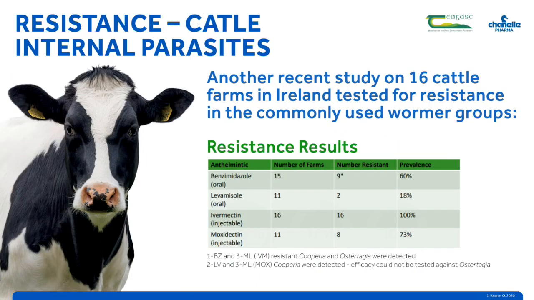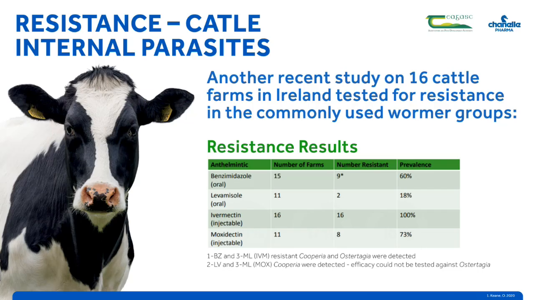A similar study looked at this issue for cattle farms, again in Ireland. And again, the results are concerning. This study looked at 16 cattle farms and examined resistance for the different classes of wormer in the Cooperia and Ostertagia populations on these farms.